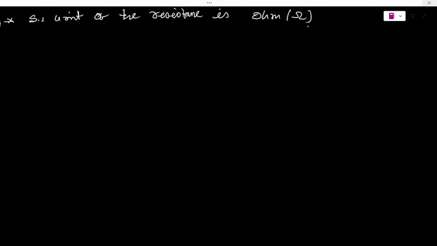Okay, then what will it be? The resistance of a conductor is 1 ohm.